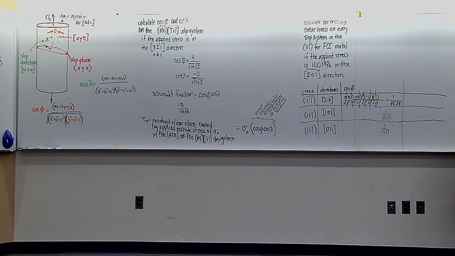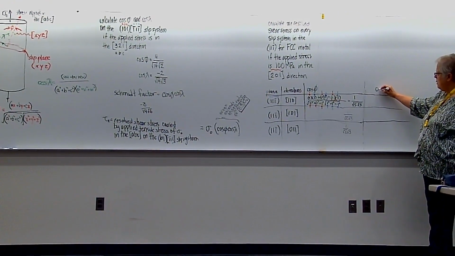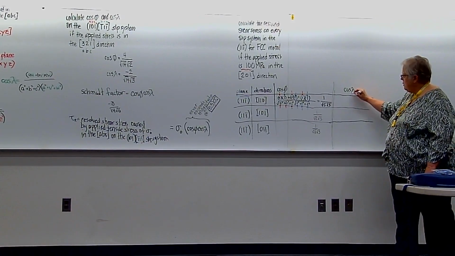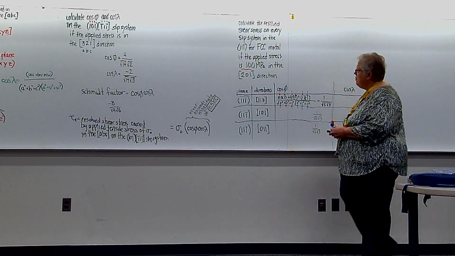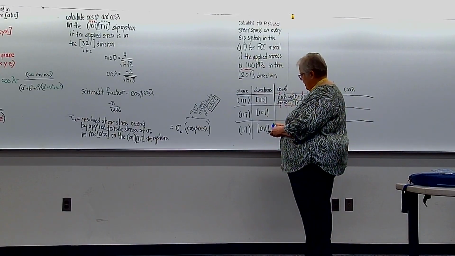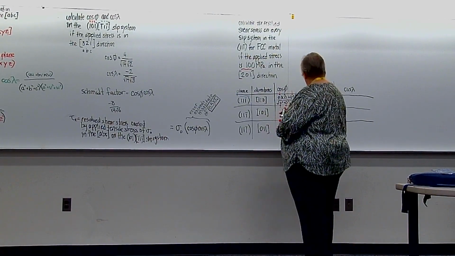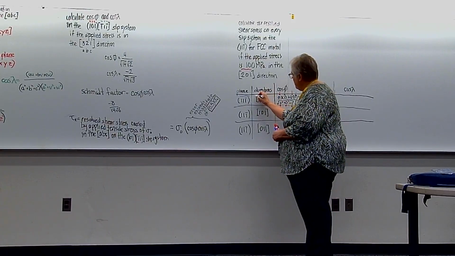So the next column I calculate is cosine lambda, and for each different direction I'm going to use that direction. Here I'm going to use this direction.